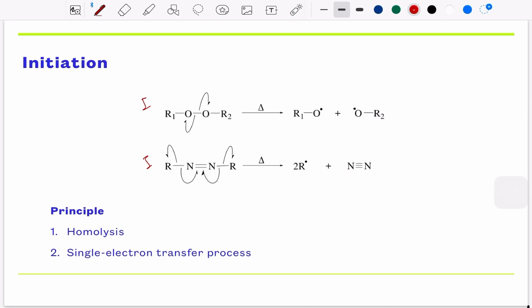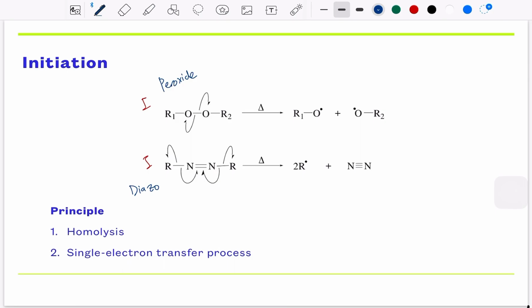Both of these are initiators. This one is the peroxide, and this is the diazo compound. The basic idea is to break this into half, so we have these two radicals, and that's how we get the free radicals.